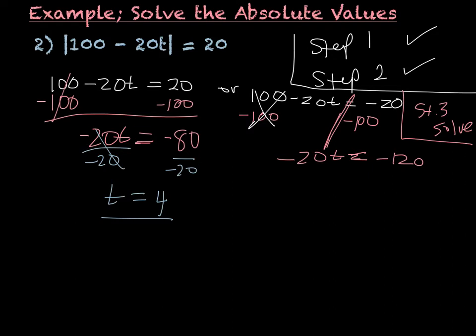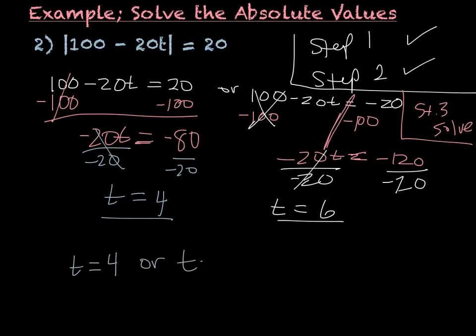So I need to solve for t by dividing by negative 20, both sides, and that would give me t equals a positive 6. So my final answer is t equals 4 or t equals 6, and that's your final answer.